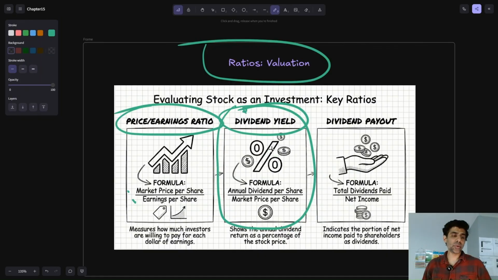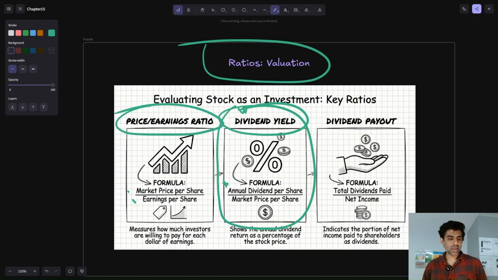So dividend yield is a potentially useful measure as a way of valuing the stock. Okay, but for now, business valuation is a whole other, more advanced topic. I think just know the formula for dividend yield.